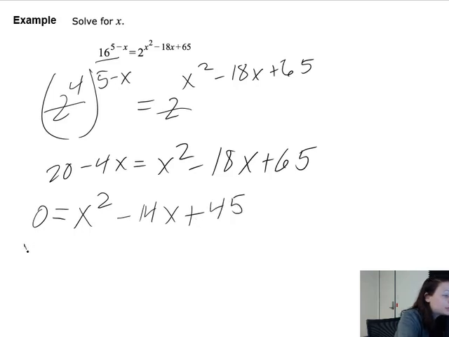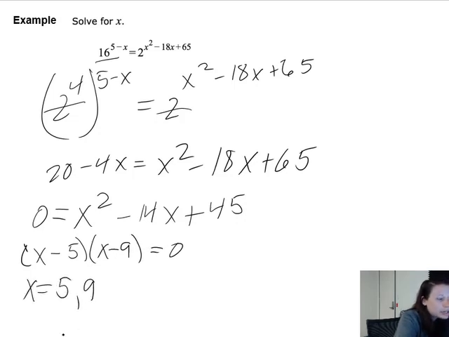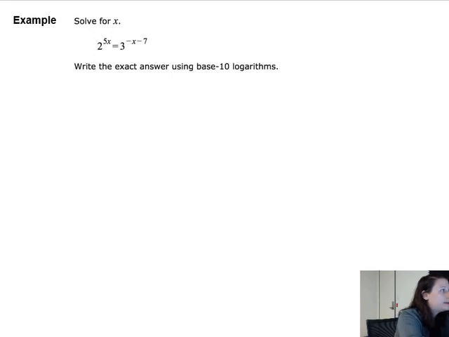So this factors into (x minus 5) and (x minus 9). So x equals 5 and 9. Now if we check these, they both work, okay? It is important though to check them all the time.